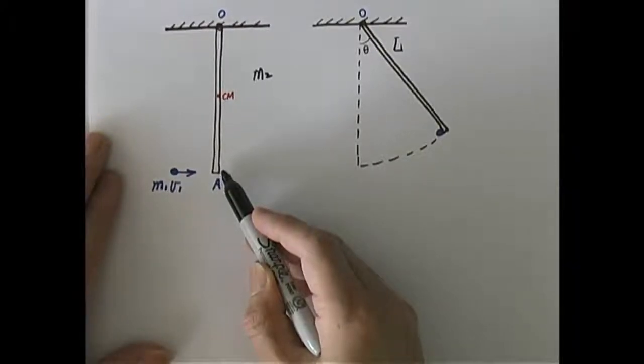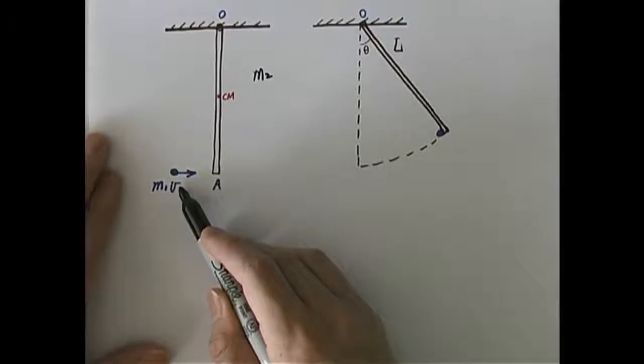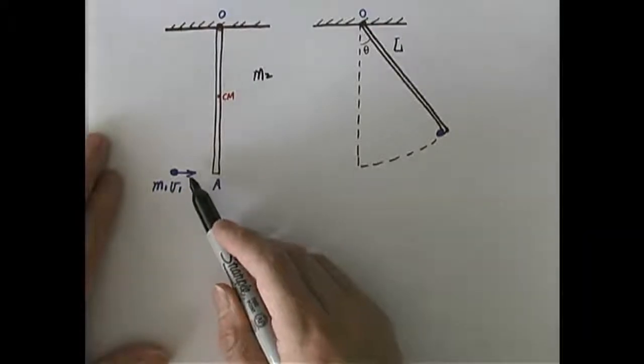What is the nature of the force that makes it stick? That's friction. That is what's called a completely inelastic collision, because the two pieces get stuck together after the collision. We know in a completely inelastic collision you don't have conservation of mechanical energy. In fact, part of the initial kinetic energy of this point mass is turned into heat.